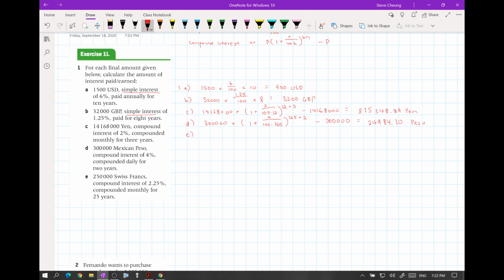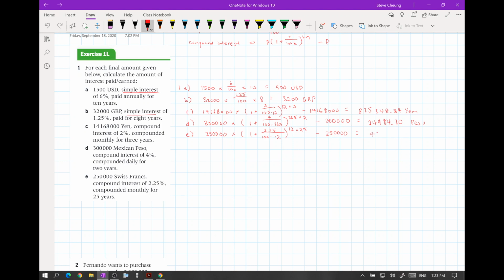And then for E, this time it's a monthly compound. Therefore we want to divide this by 12 times it by 25 then. Remember to take away what you put in initially. And I've got nothing. Okay, now I got something.